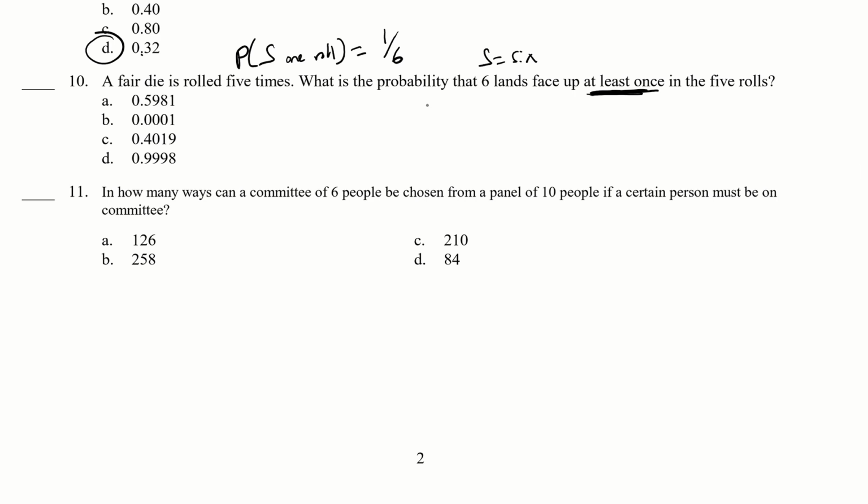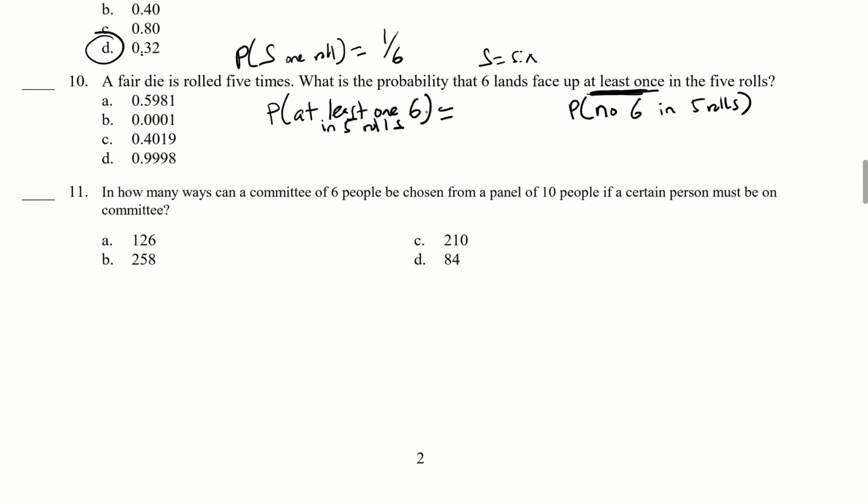Okay, well, the opposite of doing that is not rolling a 6 at all. Okay, so we're going to do the opposite of that. So the probability of at least one 6 is, the opposite of that is the probability of no 6s in 5 rolls.